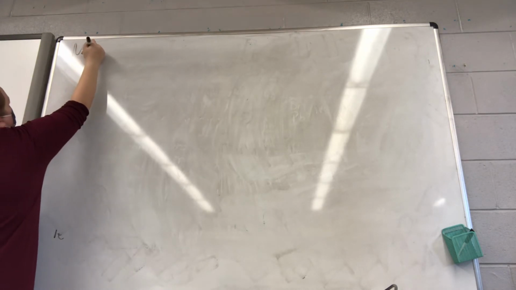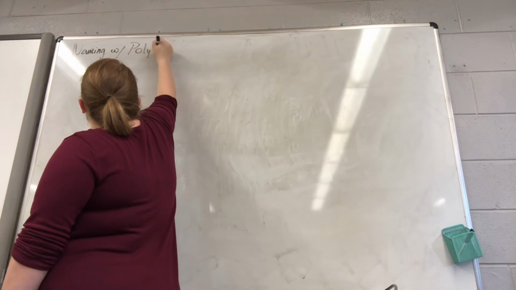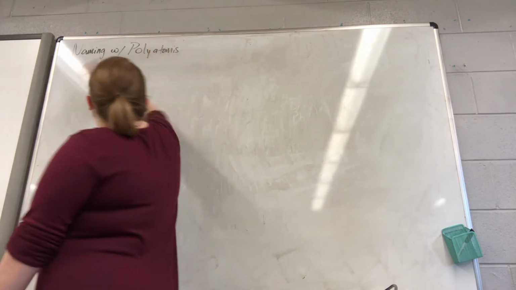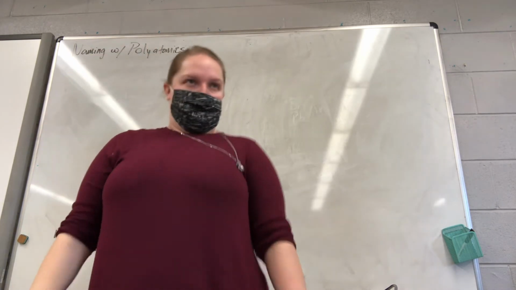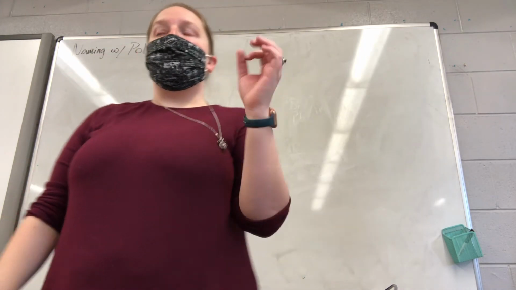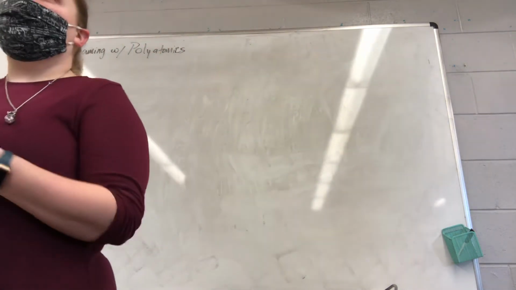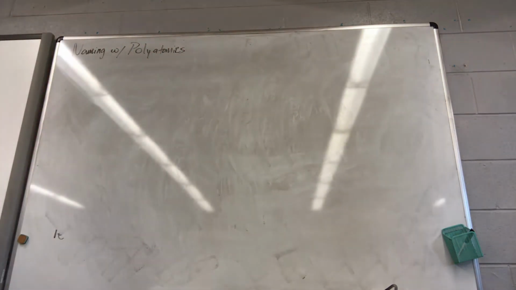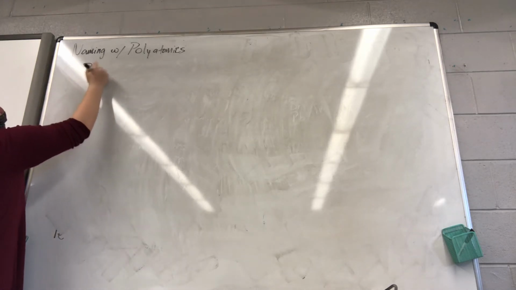Naming with polyatomics. We can name main group metals with polyatomic ions. We can name transition metals with polyatomic ions. And we can name compounds where there are polyatomic ions and nonmetals, or 2 polyatomic ions. Oh boy. Polyatomics do not have name changes.